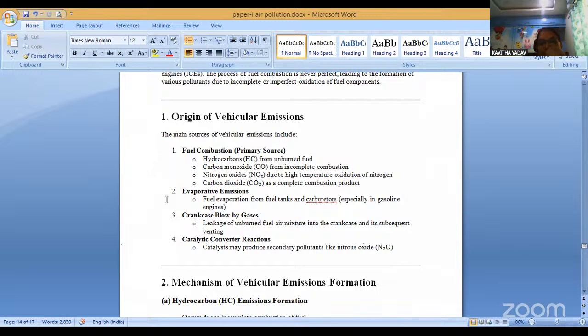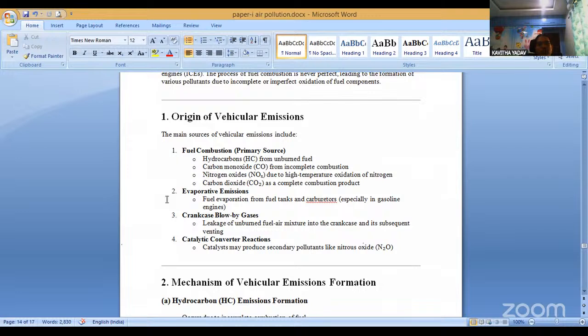Nitrogen oxide is due to high temperature oxidation, when air nitrogen reacts with oxygen. This process is called the oxidation process. Carbon dioxide is a complete combustion product.